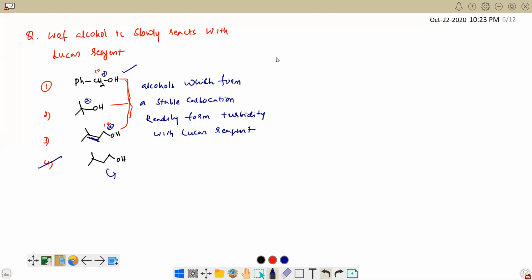That means benzyl carbocations, allyl carbocations, and 3-degree alkyl carbocations are stable. So alcohols which form these types of carbocations react readily.